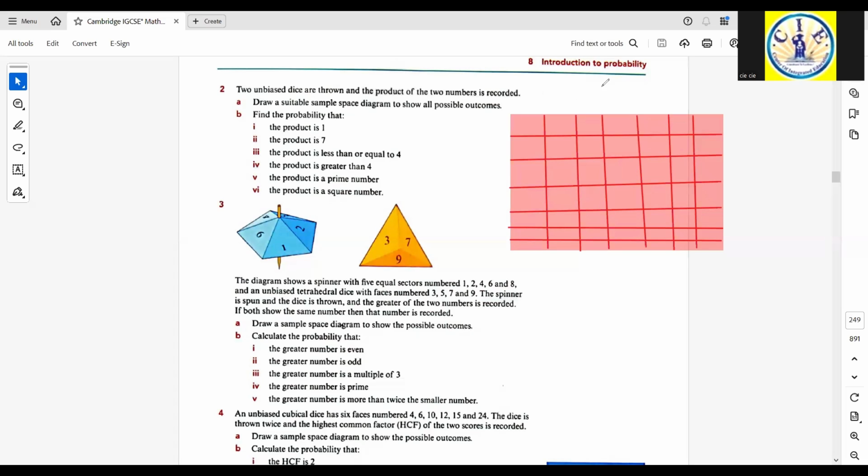Let it be the first dice throw, and this is going to be the second one over here. The possibilities are obviously 1, 2, 3, 4, 5, and 6 for the first one, and then 1, 2, 3, 4, 5, and 6 from the second dice.